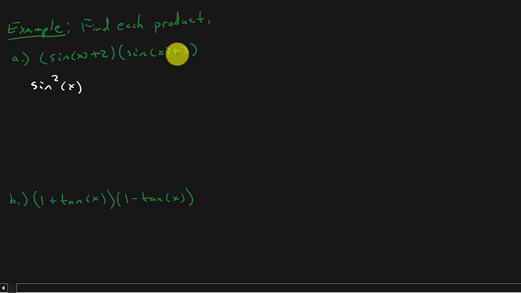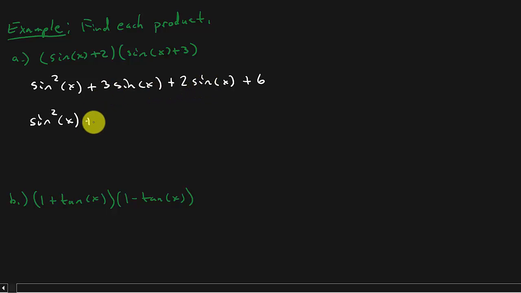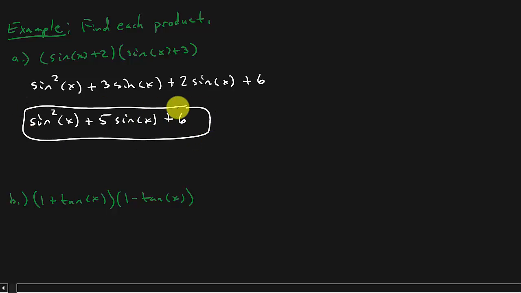So sine times 3 is 3 sine. And then 2 times sine is 2 sine, and then 2 times 3 is 6, and then we combine like terms. 3 sine x plus 2 sine x is 5 sine x, plus 6, and there's your answer.